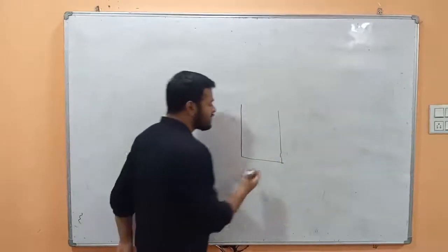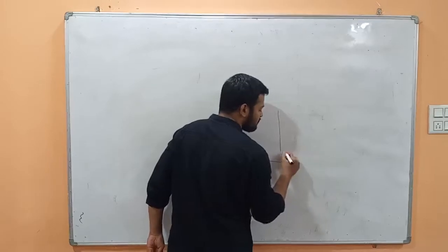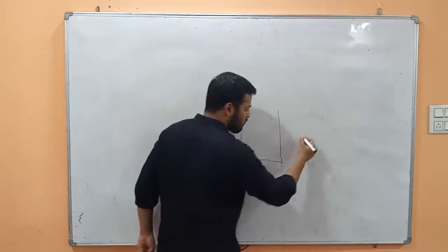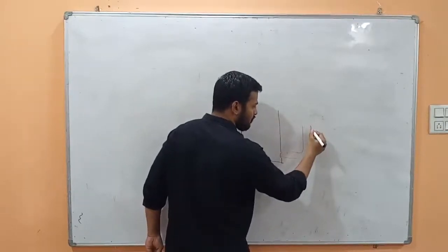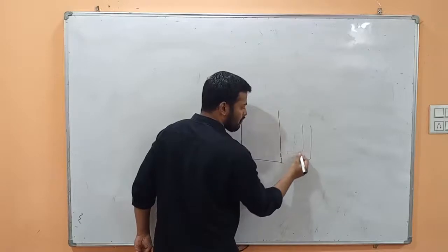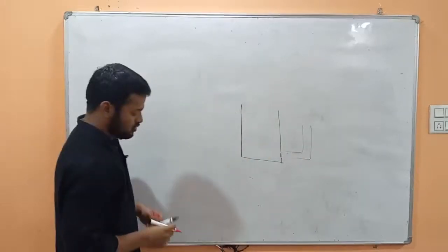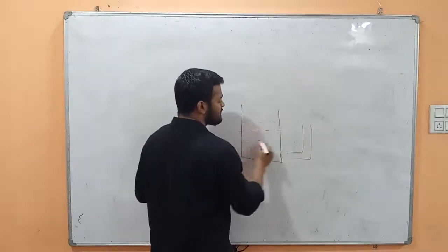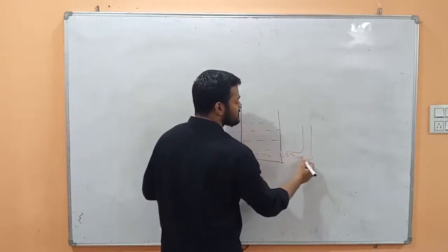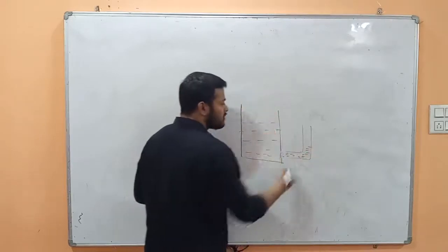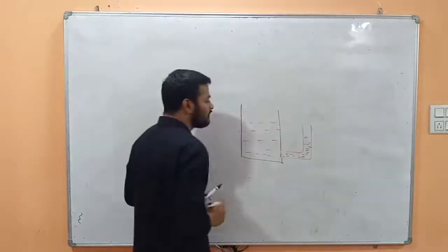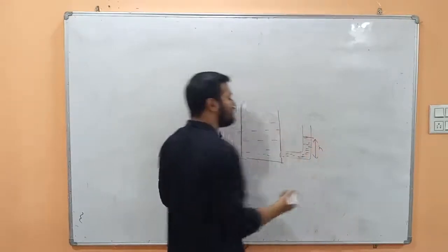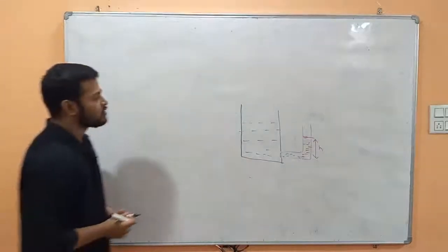Let's say you have liquid in this tank. This liquid will rise in this glass tube because of the pressure of this liquid. So we will get some height of liquid depending on the pressure.